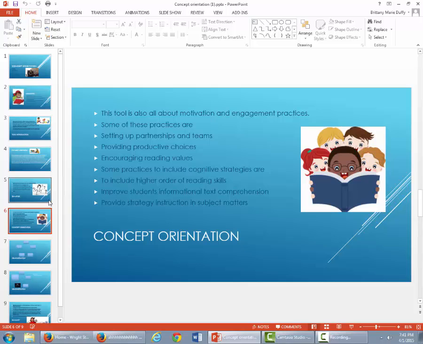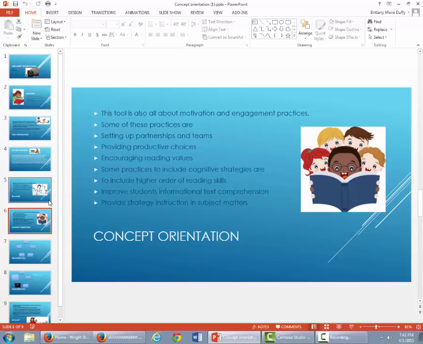You might provide productive choices. So maybe you can ask, okay, students, you can choose whether you want to draw about this chapter or summarize the chapter. So they get a choice of what they want to do. They don't just have to do this one thing only. They're getting a choice.